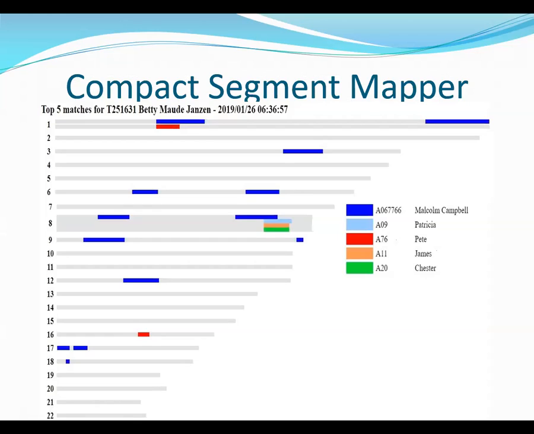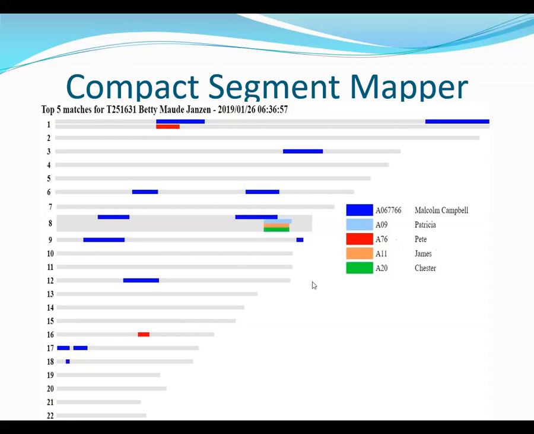Here I ran a comparison between my mother and my mother's second cousin, Malcolm Campbell. You can see the blue segments there that Malcolm shares with my mother. You can also see 4 other matches who share DNA with either Malcolm and my mother, or with each other.